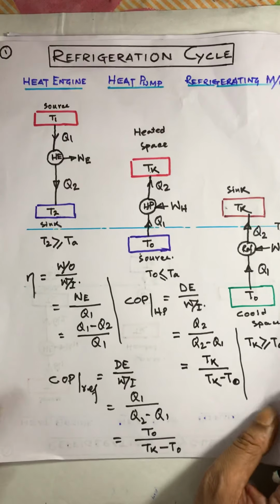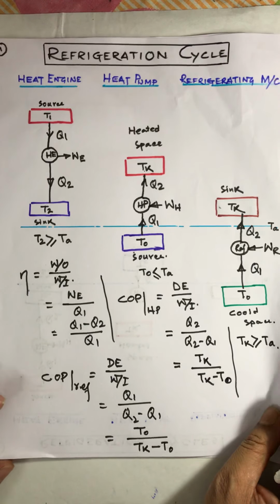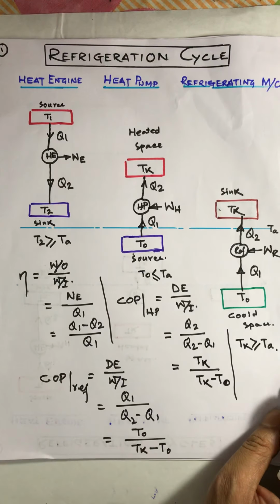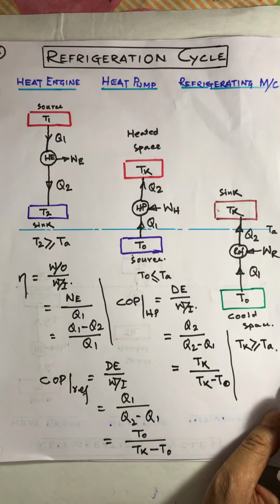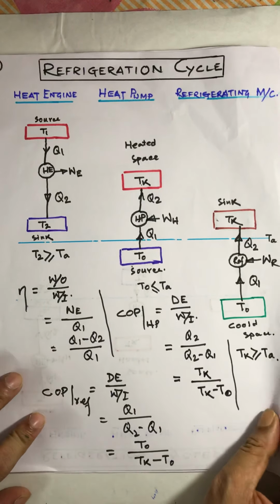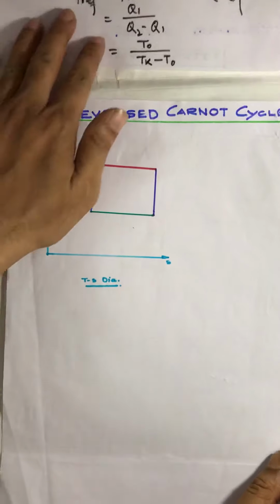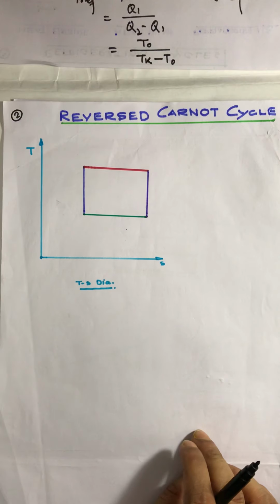Now, another cycle we will study before starting the refrigerating cycle, which is most efficient. So, the best refrigeration cycle is the reverse Carnot cycle. We will study that. What is the reverse Carnot cycle? Sadi Carnot in 1824 proposed a reversible heat engine cycle as a measure of maximum possible conversion of heat into work.